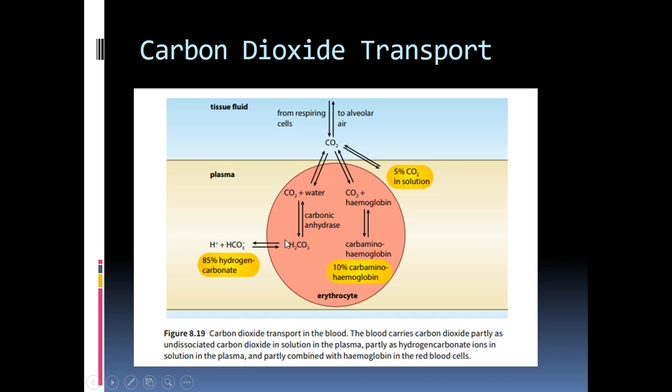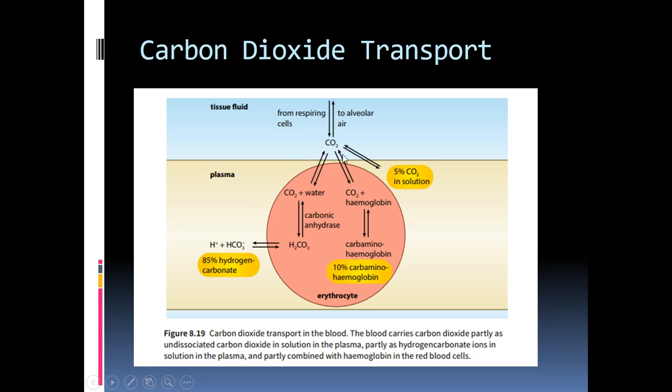Carbonic acid will usually dissociate to form hydrogen ions and also hydrogen carbonate ions. This is how most of the carbon dioxide is transported back to the lung to be exhaled. 85% of the carbon dioxide will travel back to the lung in this particular form.